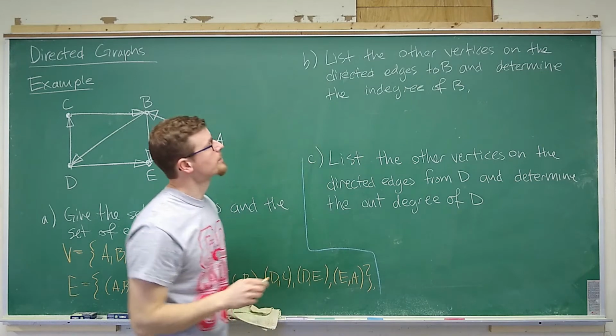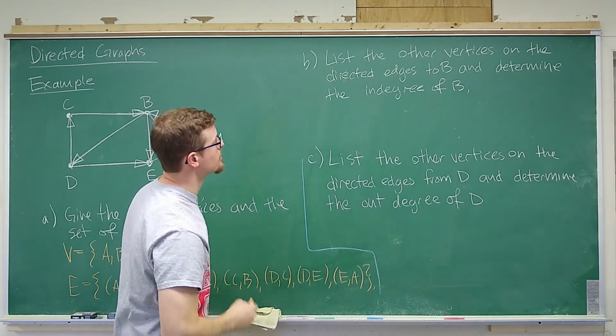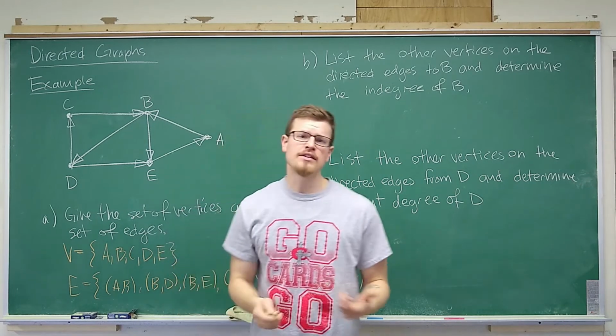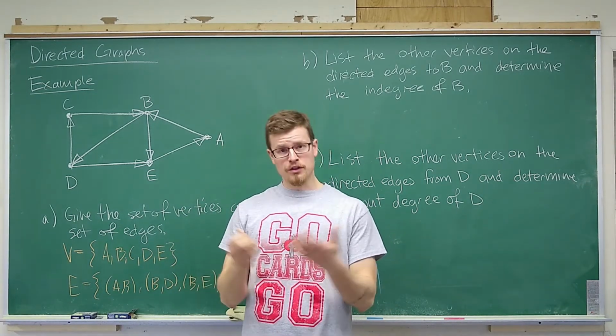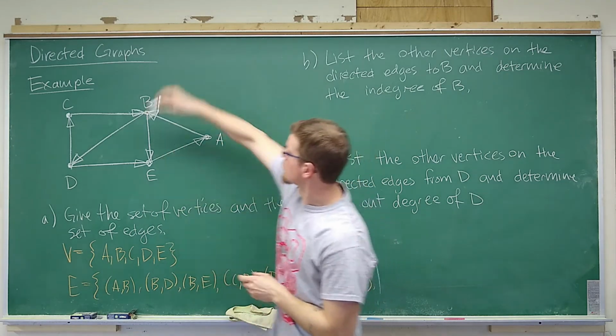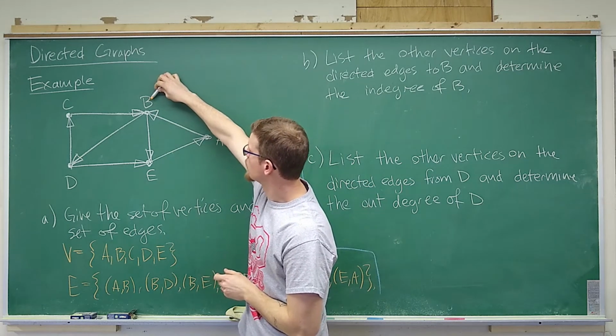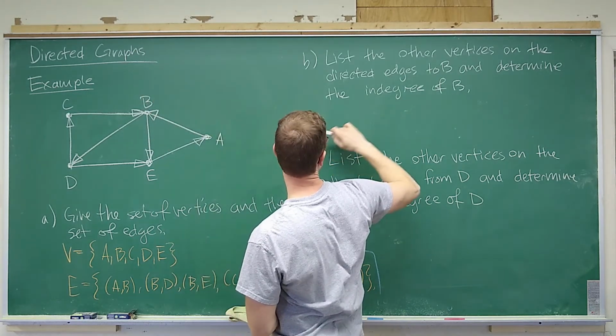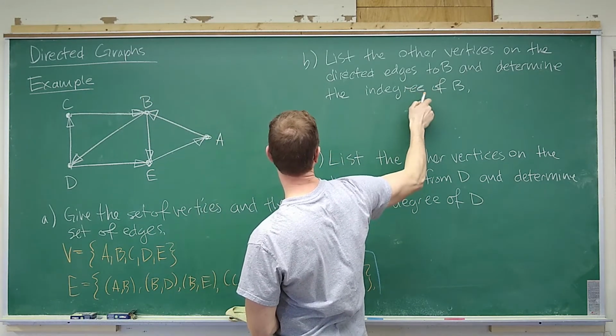Next, we want to list the other vertices on the directed edges to B and determine the indegree of B. So the indegree is the degree associated to the edges coming to B. So here's B, and we look at the edges that are going to B. How many there are gives us the indegree.